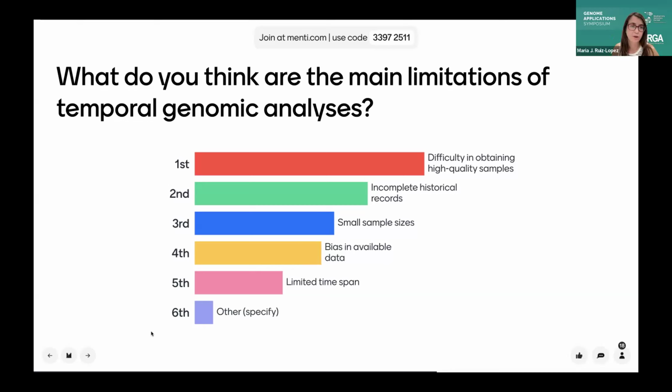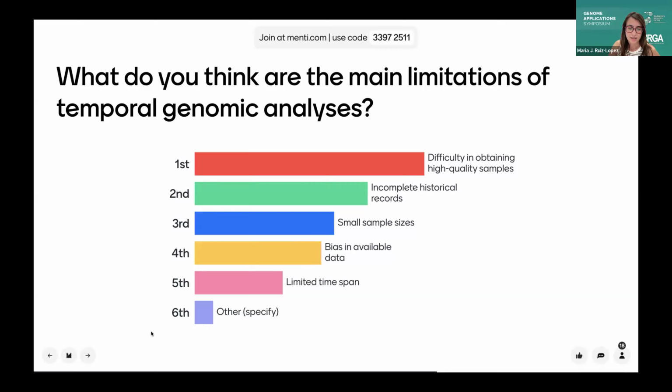So it seems that the common major limitation is the quality of the samples. That seems to be the major limitation when we are talking about temporal genomic analysis. It goes hand in hand with incomplete historical records, because where the samples come from is often a problem.